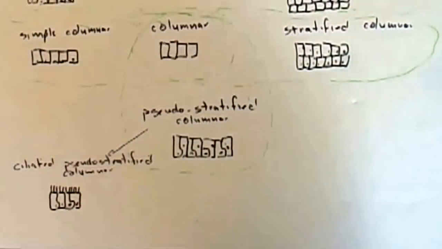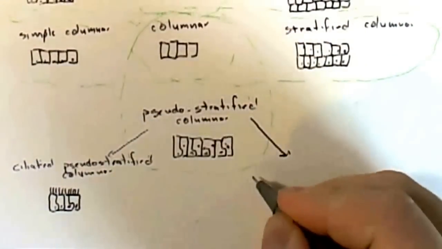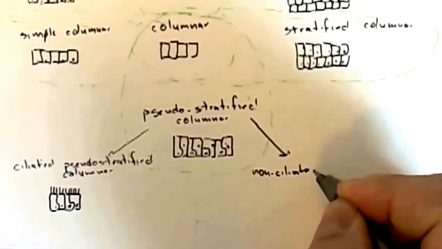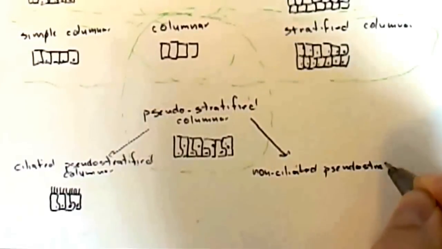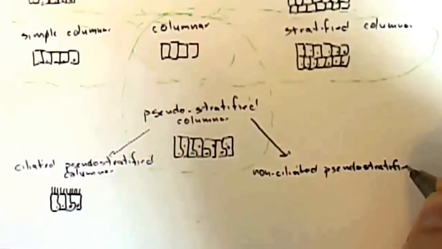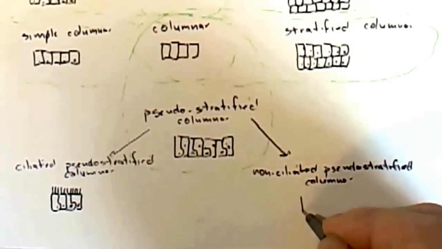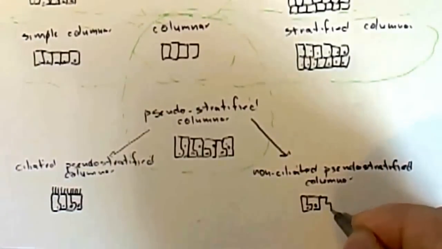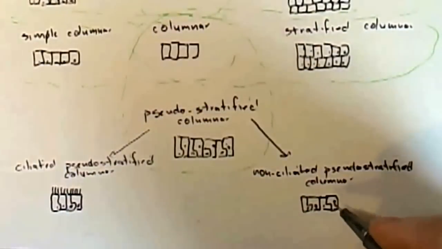And as you guess, that's going to line things like the trachea. And then we have non-ciliated pseudo-stratified columnar. So no cilia in this.